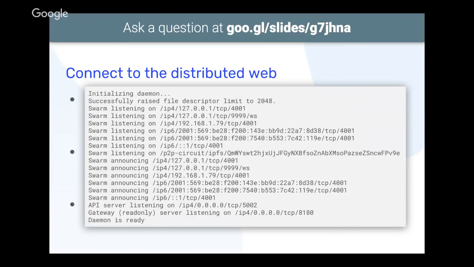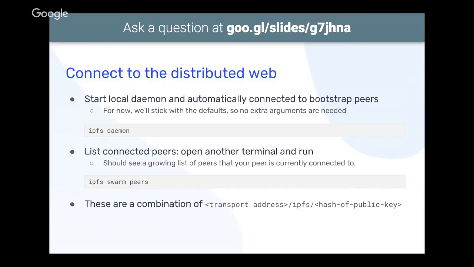It'll print out what ports you're listening on for the IPFS swarm, where your API server is listening, and your gateway. Then it should say something like, your daemon is ready. If your actual port values are not the same as this, that's all right. Probably yours will default to API server listening on 5001 and gateway listening on 8080.